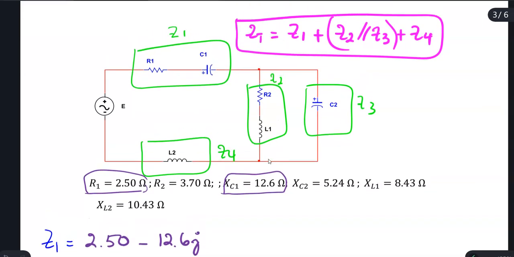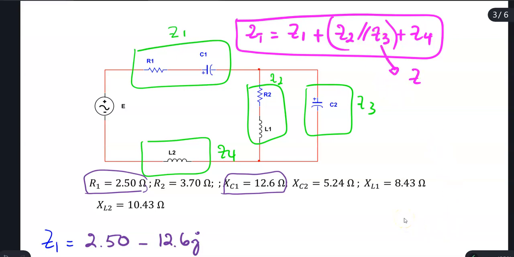Z1 is in rectangular form, and the operation for this is just adding, so I don't need to convert Z1 to polar. The ones I need to convert to polar are Z2 and Z3, because in this formula I have a product over the sum, so I must have the polar form for Z2 and Z3 in order to perform that operation.